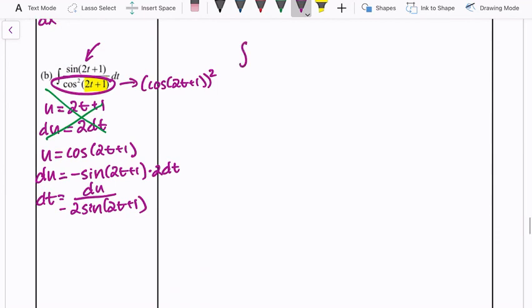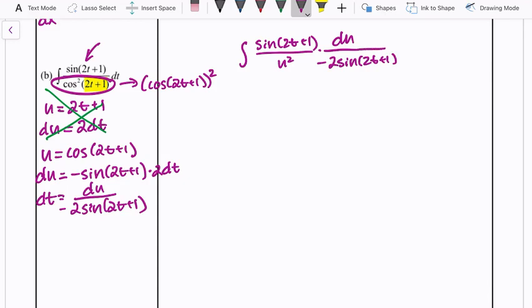So I'll have the integral of sine of 2t plus 1 over, well, we said that cosine of 2t plus 1 was our u, so that'll be u squared. And then we said that dt was equal to this, so times du over negative 2 sine of 2t plus 1. Cool.